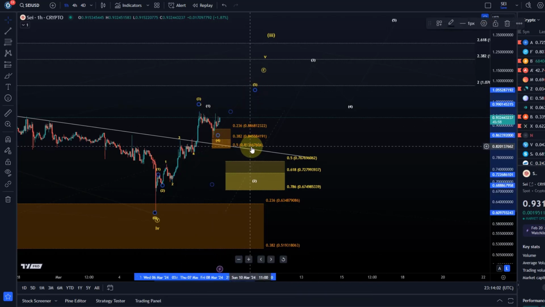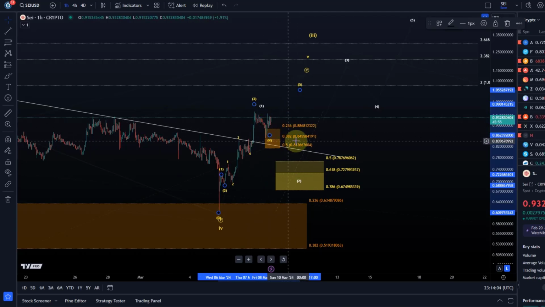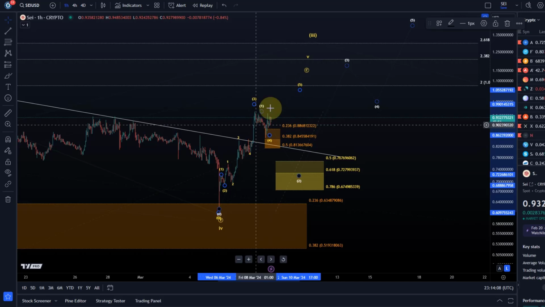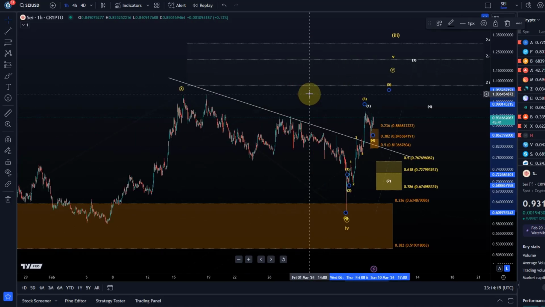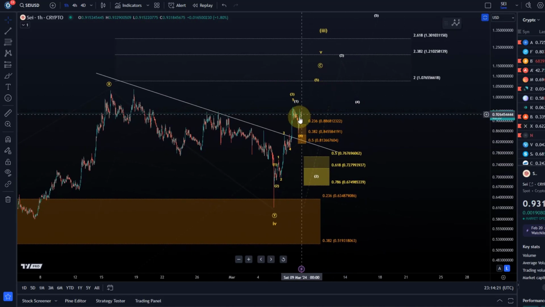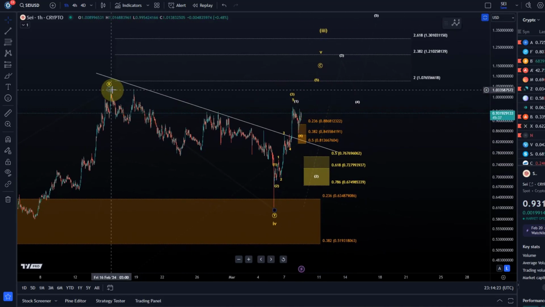I presented members earlier today with this support zone, this kind of small trend reversal area. The price already dipped into it and is trying to reverse. It takes a break above the last high at around 96 cents to suggest that this fifth wave is unfolding, and ideally this fifth wave breaks above the previous high.